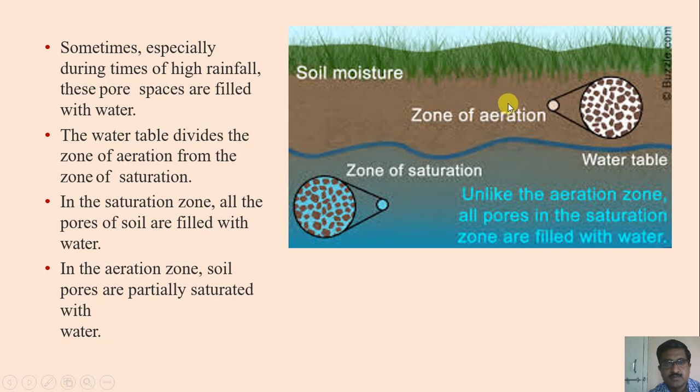Immediately at ground level, the zone of aeration is there, where air spaces or air voids can be found between the various particles of the soil. On the contrary, in the zone of saturation, all these voids are filled with water. You can observe the water table here. Unlike the aeration zone, all pores in the saturation zone are filled with water, so there is no air found in the saturation zone.